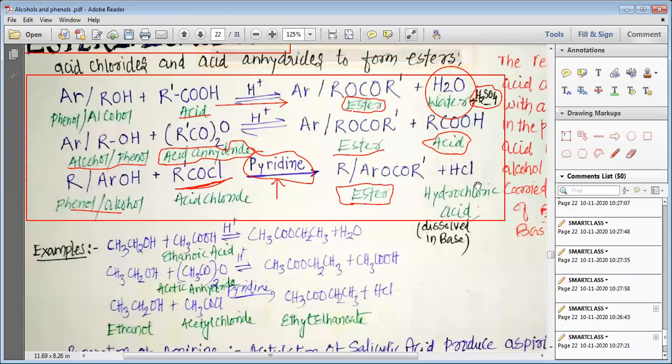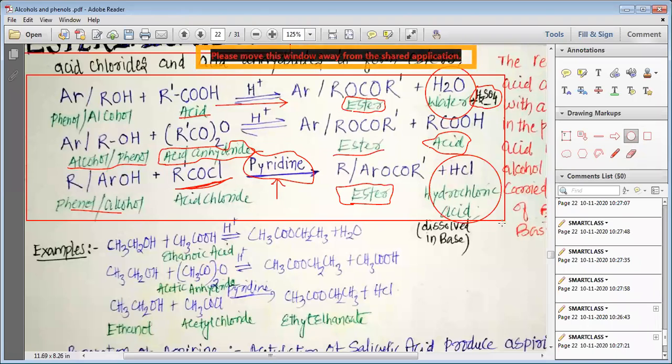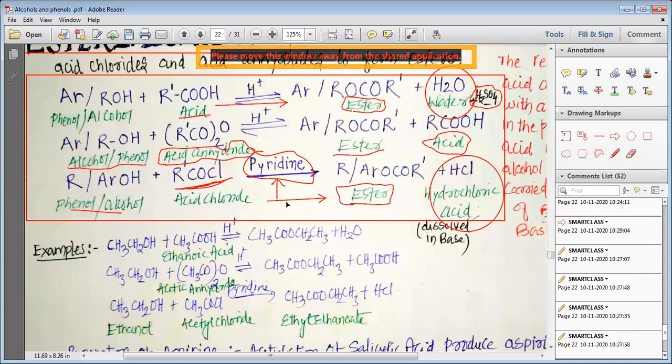Same way, my dear students, if you look at this, you will find that in the reaction of phenol or alcohol with acid chloride, we get hydrochloric acid. This hydrochloric acid, when it is produced, has to be removed to get more and more product. To move the reaction towards more and more product, we use pyridine.